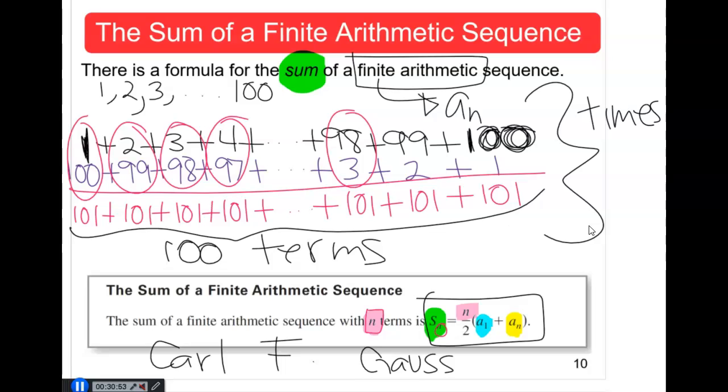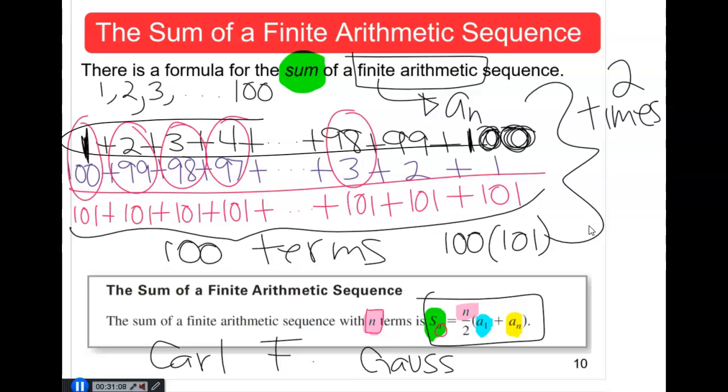So then it means that he has 100 times 101. However, he doesn't need that 2 times. He only needs the addition of one of those. So for that reason, he divided by 2.